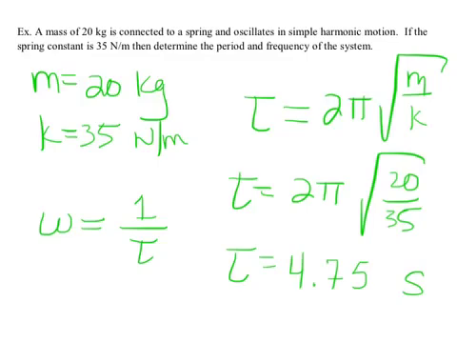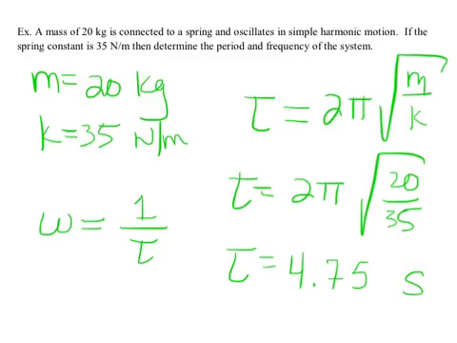This just means 1 over 4.75. But everybody, look at your calculator right now. Instead of pressing 1 over 4.75, press 4.75, then press x to the negative 1. It's above x squared. Then hit enter. Same answer.